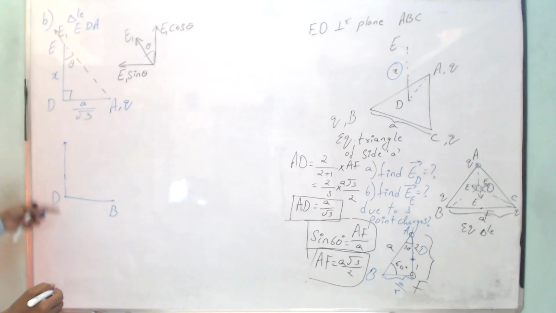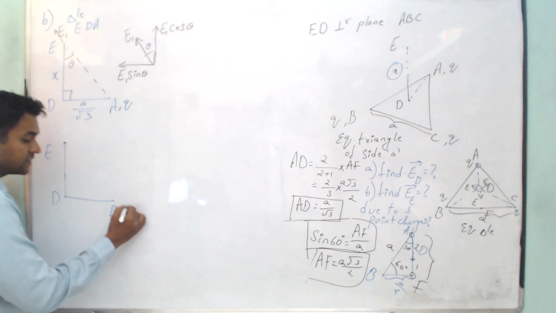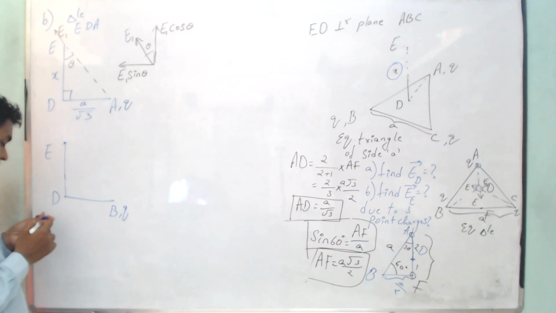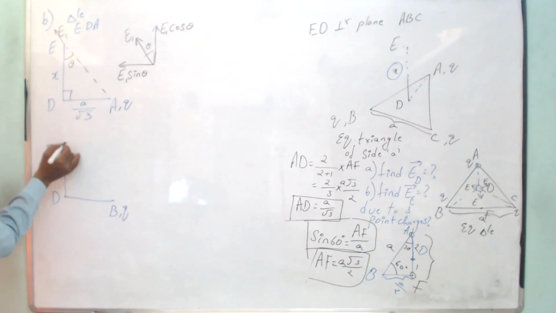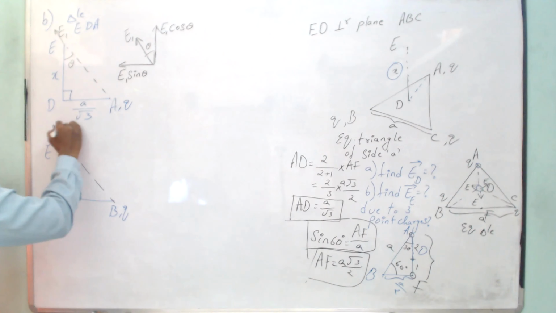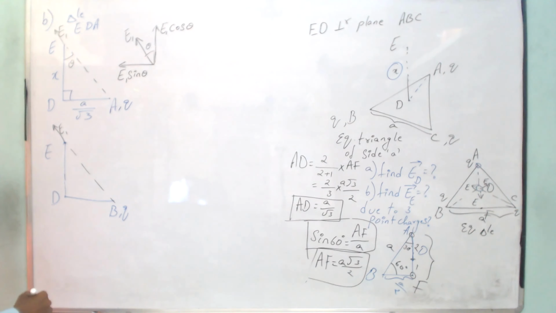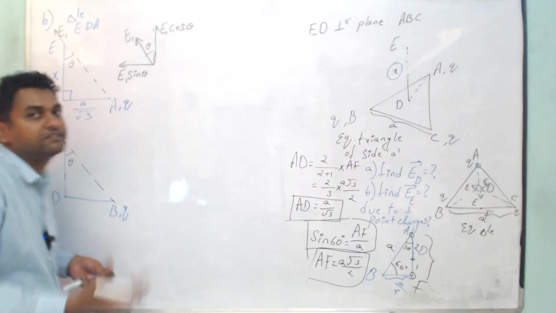See again, ED is perpendicular to DB and B has a charge Q. So the electric field at E due to the charge Q will be along the line joining. तो वो इस तरफ रहेगा और ये E1 है. फिर से if this angle makes, that angle will anyways make theta, right?